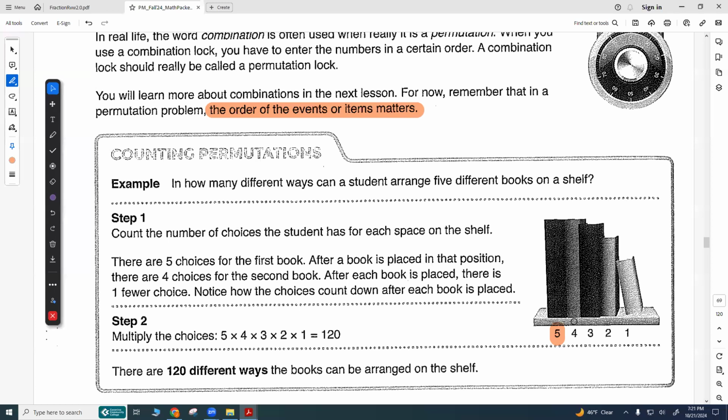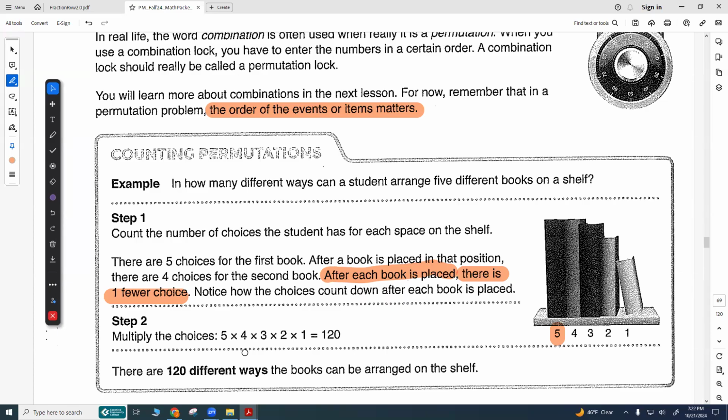Once we place 2 of our 5 books, then we only have 3 choices. And so after each book is placed, there is 1 fewer choice. Notice how the choices count down after each book is placed. And so in our first spot on the shelf, we have 5 choices.